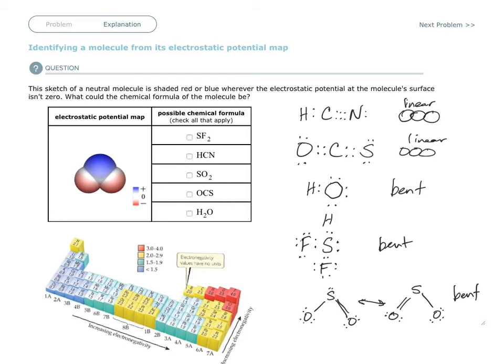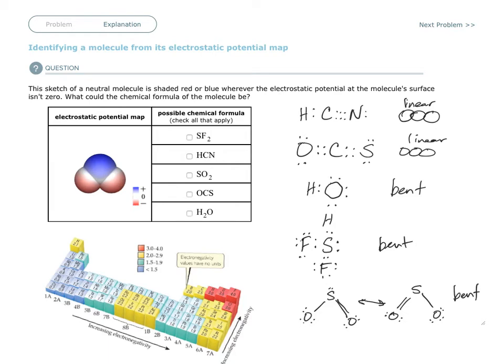An electrostatic potential map is where a computer generates colors based on whether something is positive on that side of a molecule or negative. And really all it's talking about is that you have a bond where two elements are sharing an electron unequally. So one of the elements is pulling the electron pair to itself more than the other is.